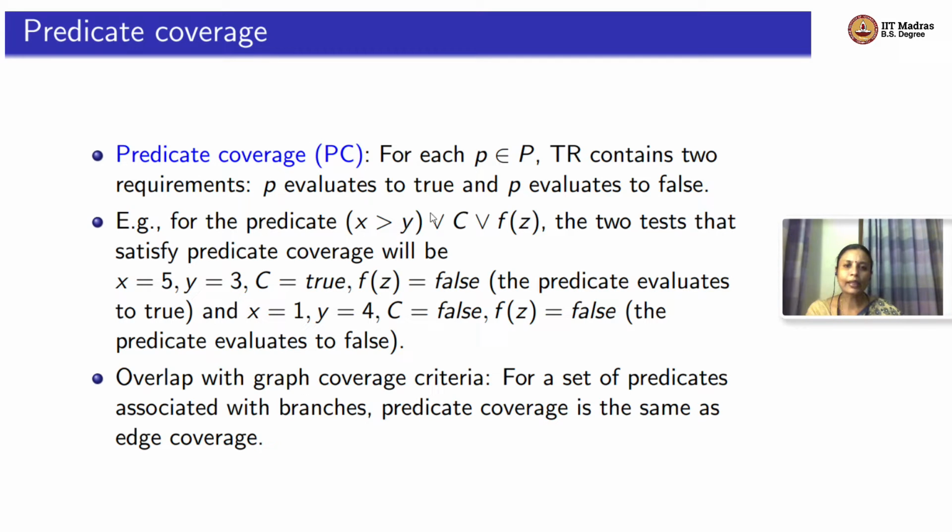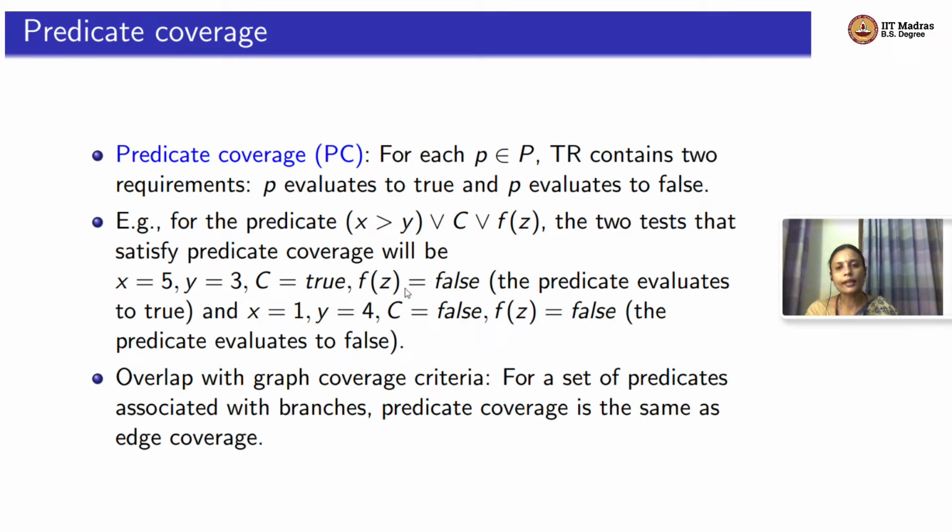Then you substitute it back here, using the semantics of or: x greater than y is true, since 5 is greater than 3, and c itself is true. So true or true is true, and f of z returns false, but the overall predicate turns out to be true. For the predicate to evaluate to false, because it's an or, all three clauses should evaluate to false. So we assign sample values for x and y such that x is not greater than y. For example, x could be 1, y could be 4.